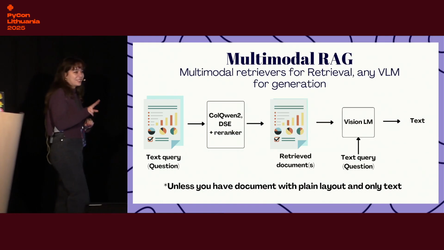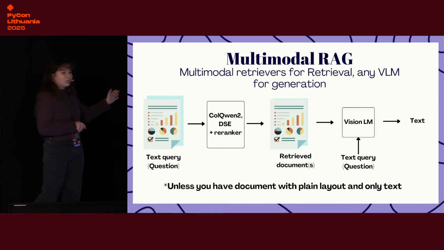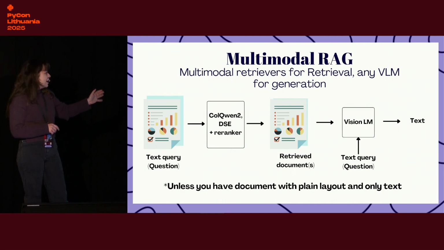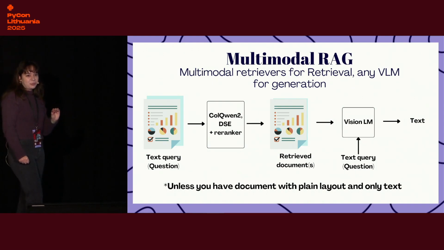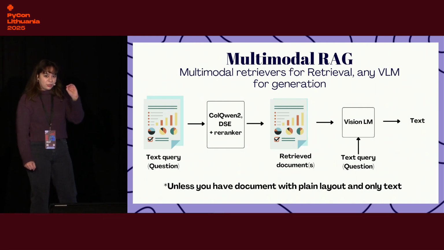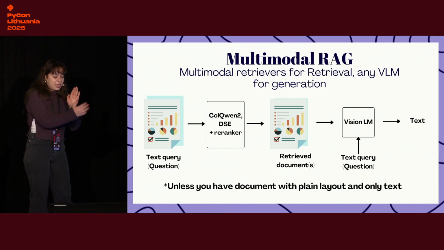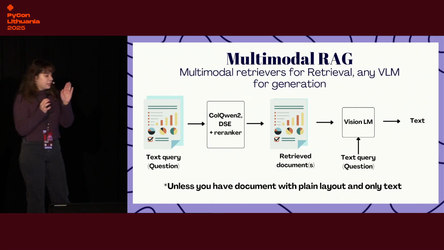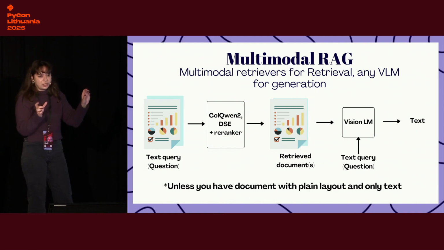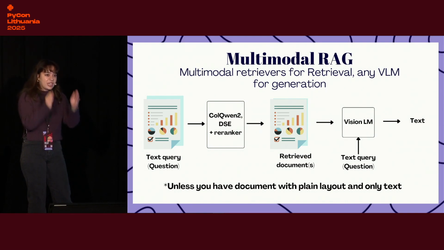So there's another way of doing this. You have the document here. You give it to multimodal retriever models. These models can take an image, like documents, and text, like a stack of images. And it takes in a question, and it returns you the most relevant document.